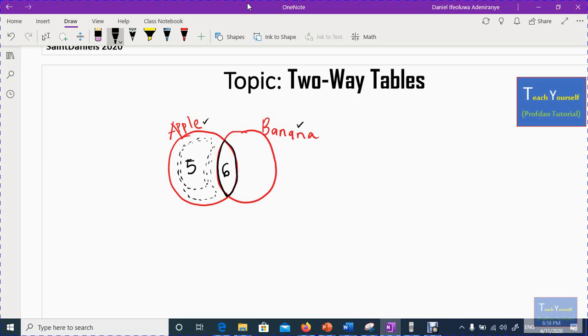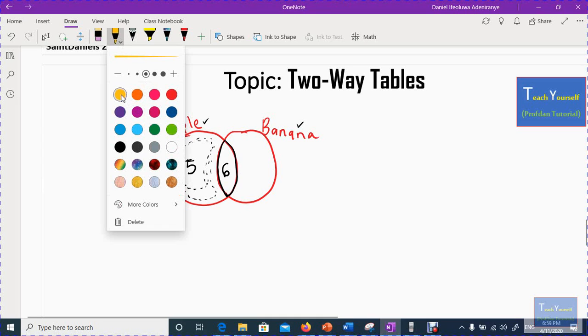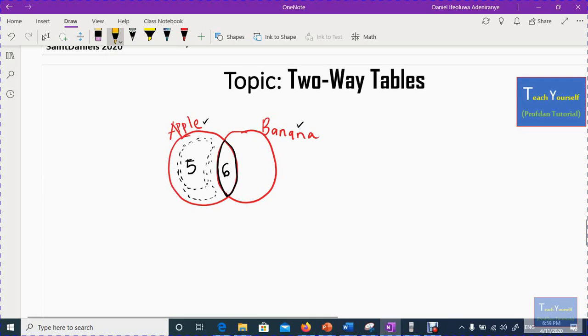This part, let me change the pen color. Okay, so this part is showing only banana. So if I have 7 here, that 7 means only 7 students like to take banana.